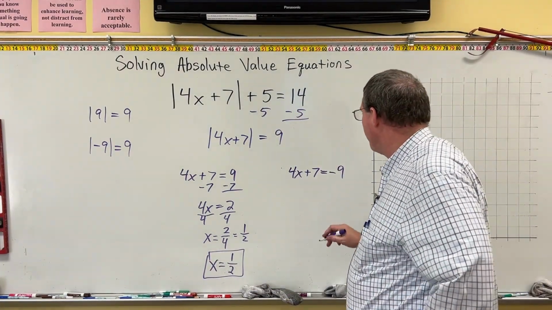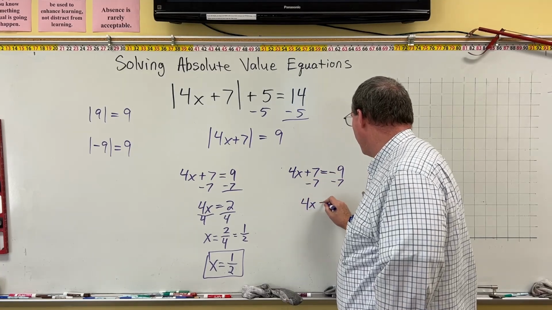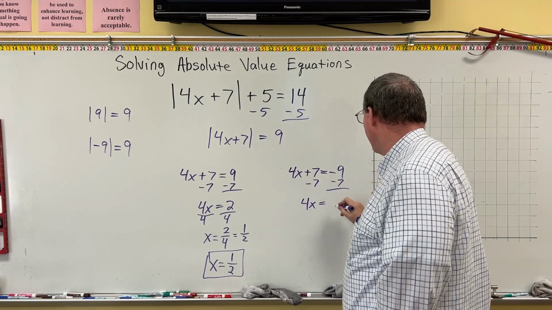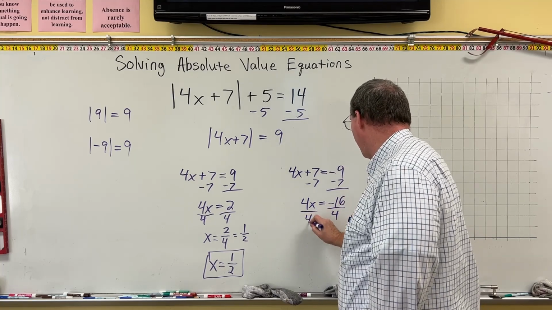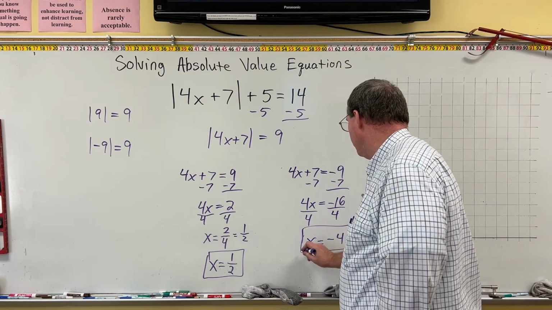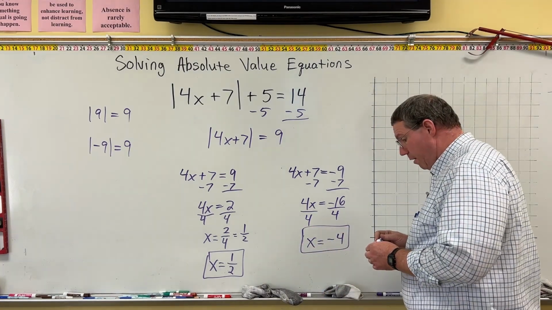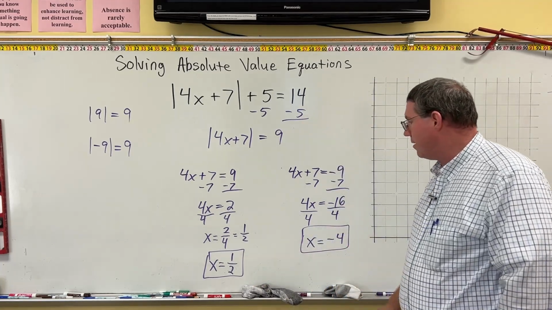Then we're going to do this one over here. We're going to subtract 7 from both sides again, and we're going to get 4x is equal to negative 9 minus 7 is negative 16. And if we now divide by 4 on both sides, we get x is equal to negative 4, and that is our other solution. And so this absolute value equation winds up having two solutions, 1/2 and negative 4.